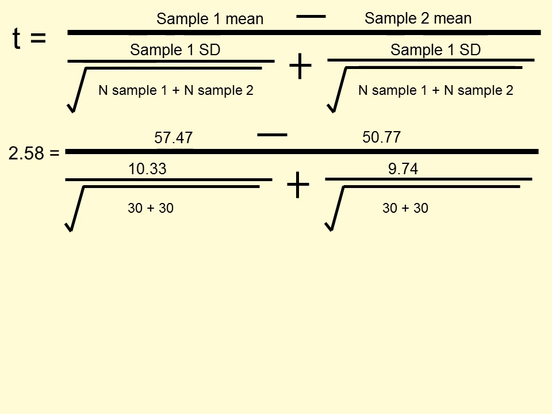And both of those get divided by the sum of the two sample sizes. That results in a t statistic, if you work it out, of 2.58. And you know from what I said earlier that is quite a large t statistic. The effect of the experimental manipulation is more than twice as big as our estimate of measurement error.